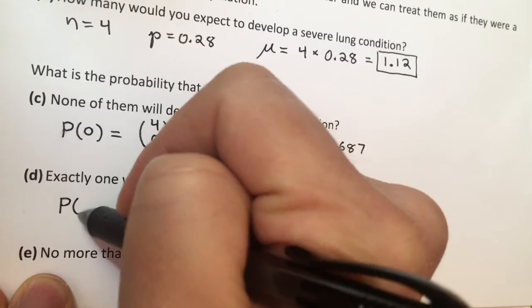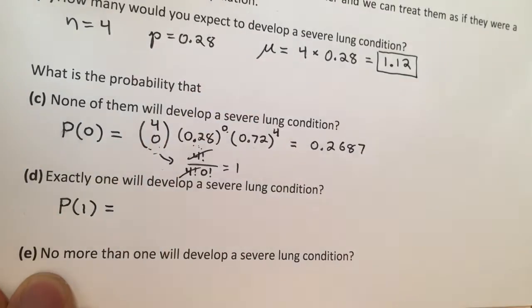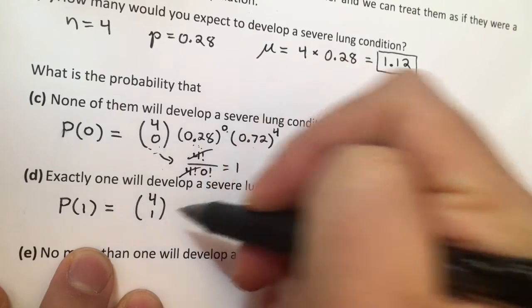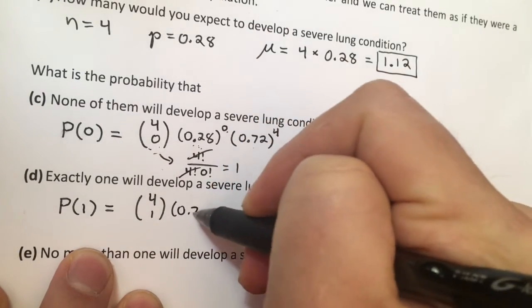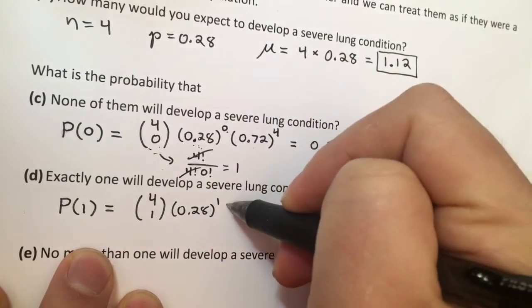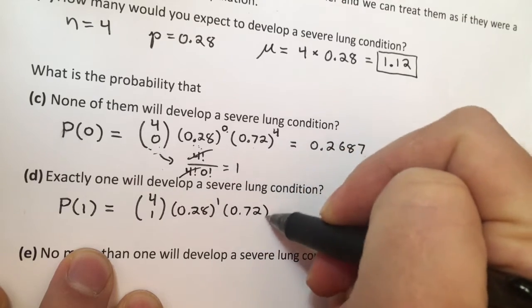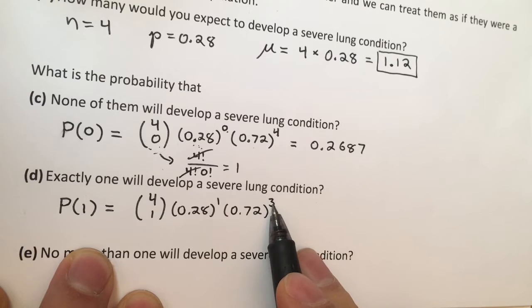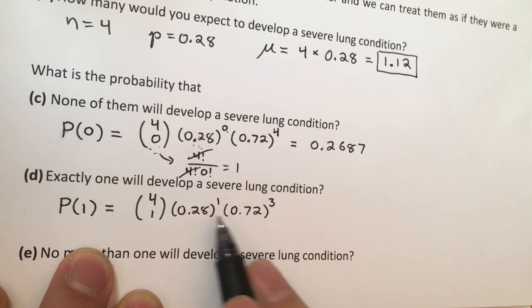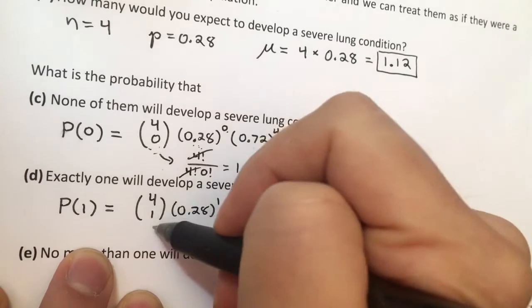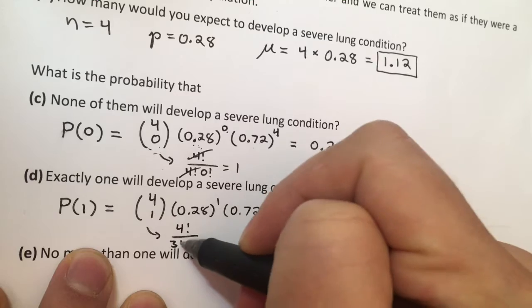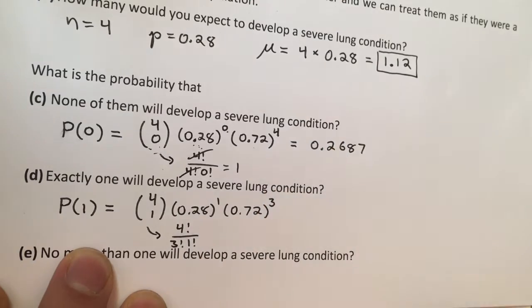That's probability of 1. Well, the formula says that's 4 choose 1, 0.28 to the 1, 0.72 to the 3. I had 1 success and exactly 3 failures. Probability of success, probability of failure. Well, what is 4 choose 1? That's 4 factorial divided by 3 factorial times 1 factorial.